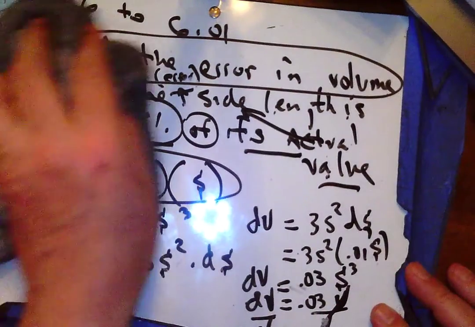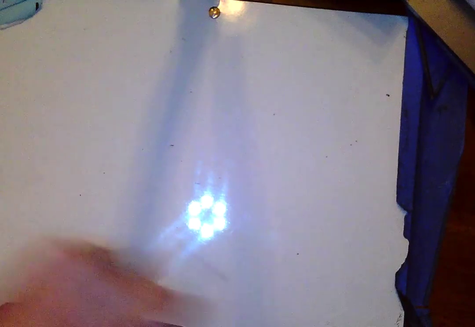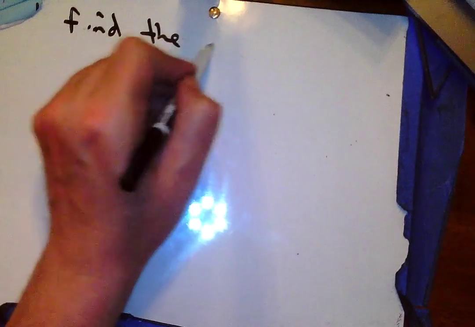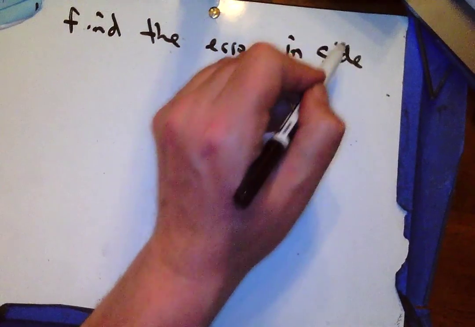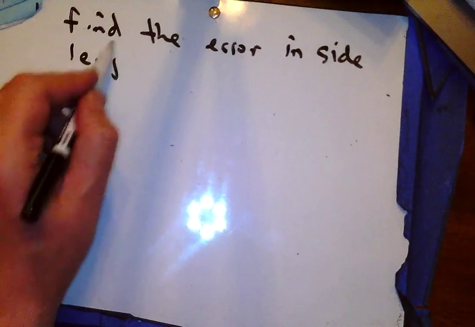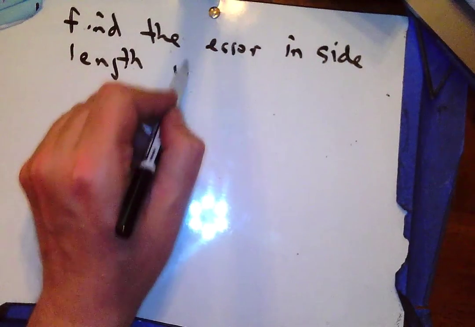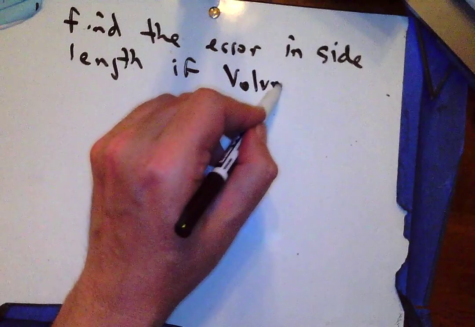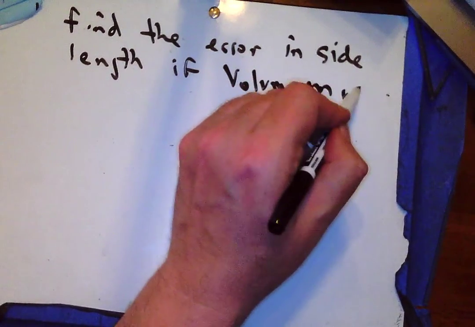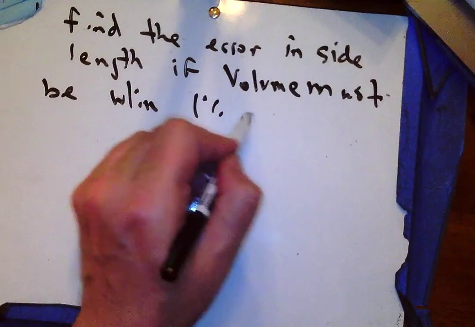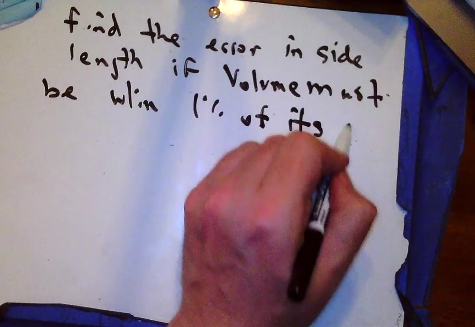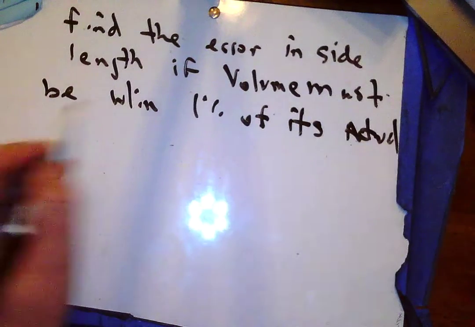Let's go back and do the same problem, but let's say this time that we want to find the error in side length, or the change in side length, if volume must be within 1% of its actual value.